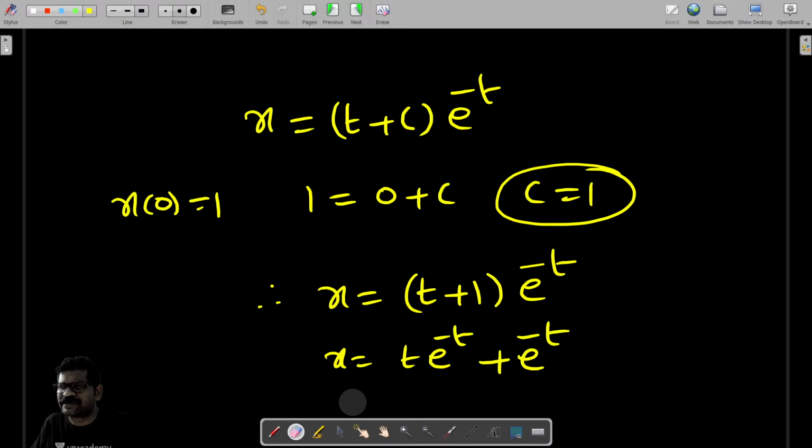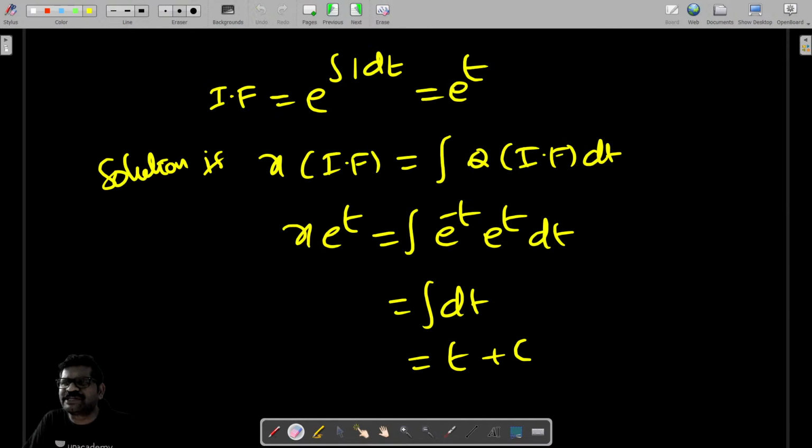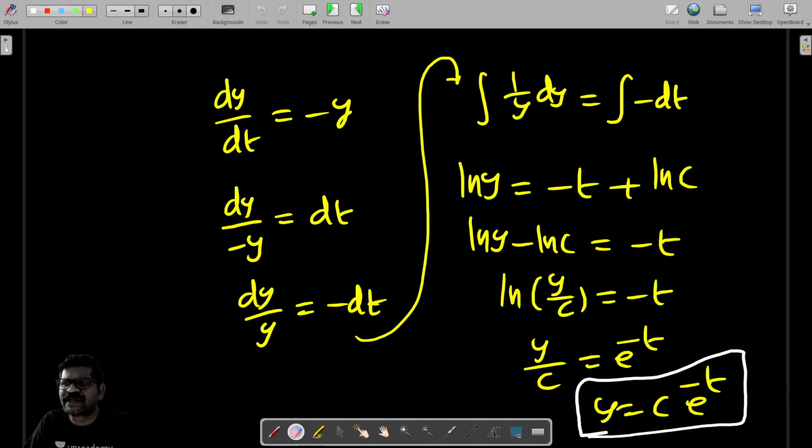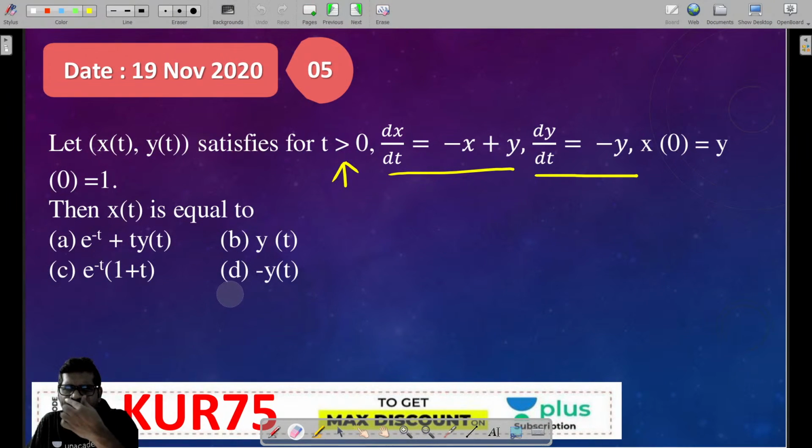e power minus t is nothing but y, or otherwise, depending on the options, you can write a suitable solution. Now when you come to the options, in the third option you have e power minus t into 1 plus t, one solution. Observe, another solution is A, e power minus t into y of t.